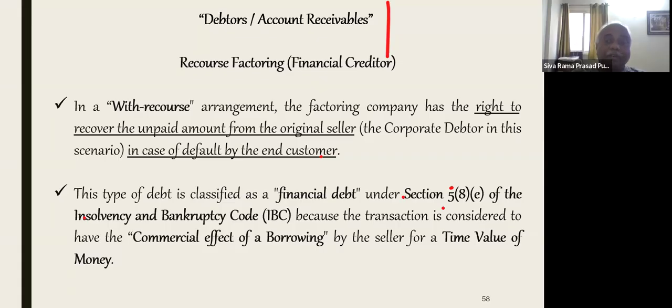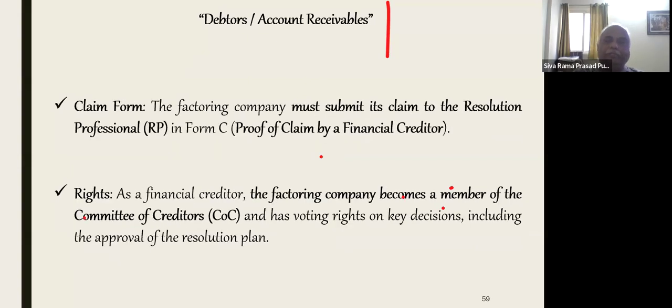This type of debt is called financial debt, defined under Section 5(8) clause (e) of the Insolvency and Bankruptcy Code, because the transaction is considered a commercial borrowing by the seller for the time value.